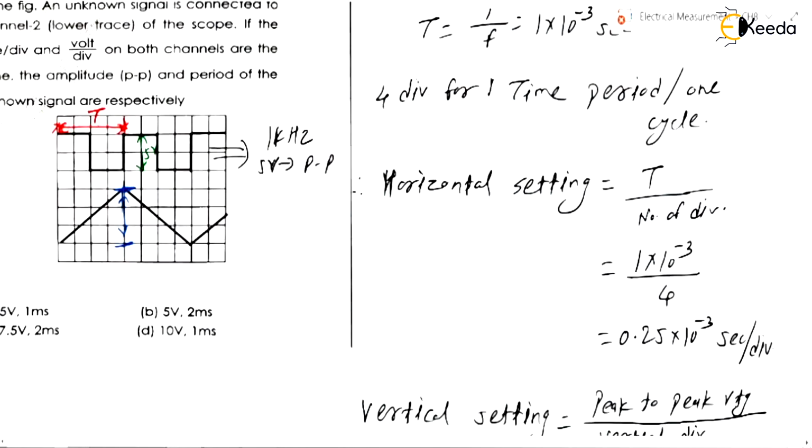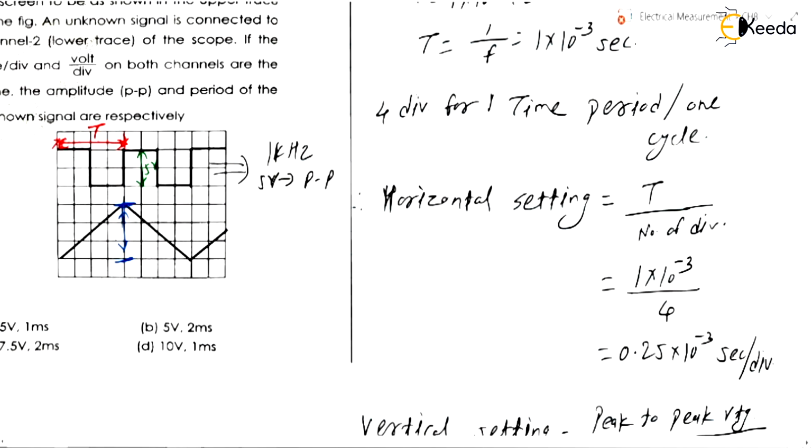Next, what about the frequency? This signal starts from here and again completes one cycle at this instant. How many divisions are there from this point to this point? 1, 2, 3, 4, 5, 6, 7, 8. We have 8 divisions.